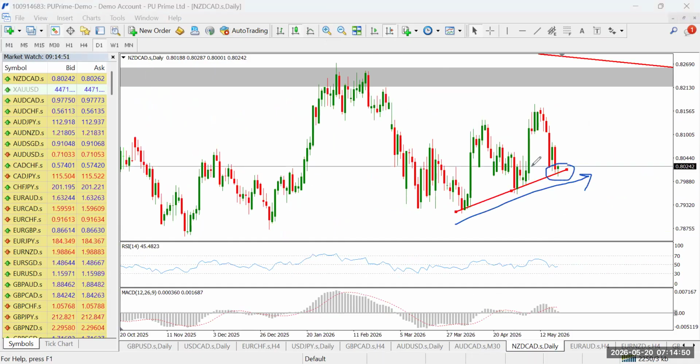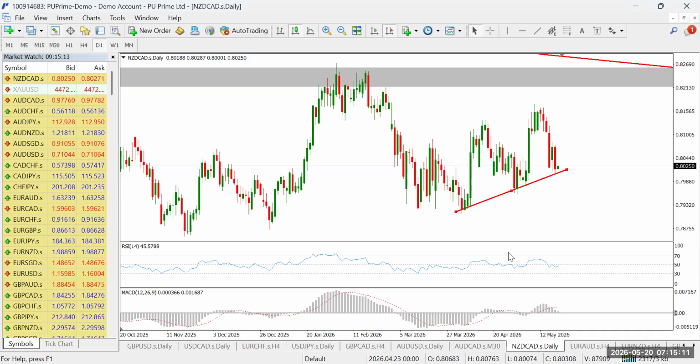And the daily candle is already forming a rejection candle, but as usual, that is really early. It's still early for us today. Anything can happen in the course of the day. Anything can still happen.